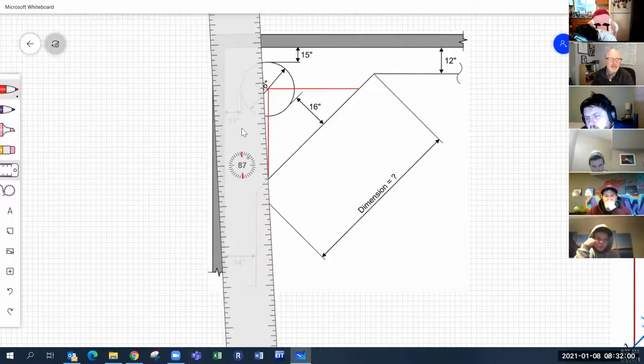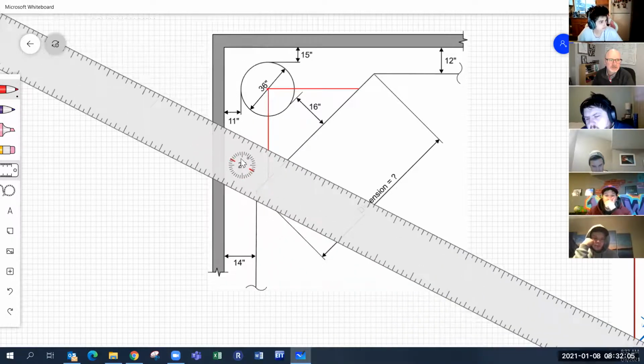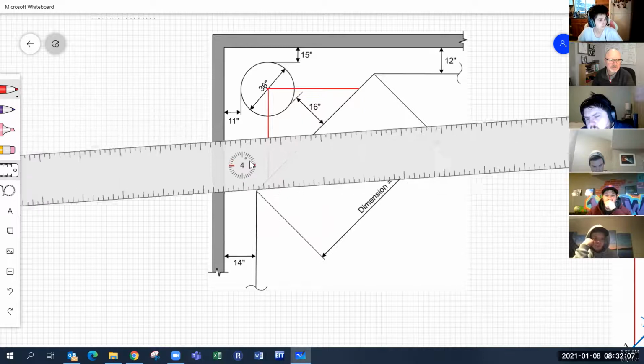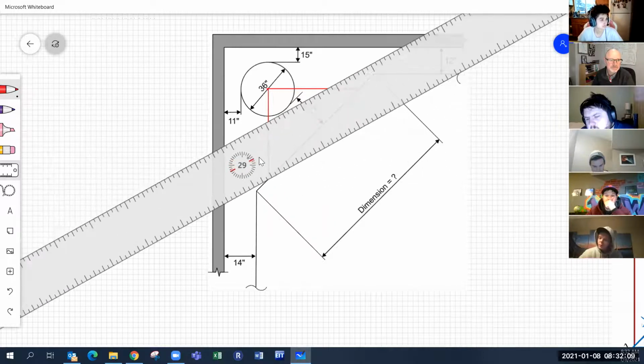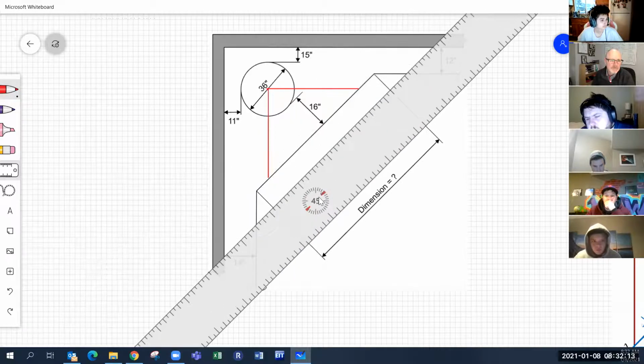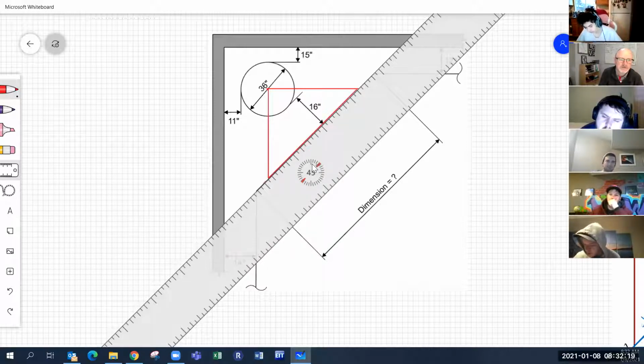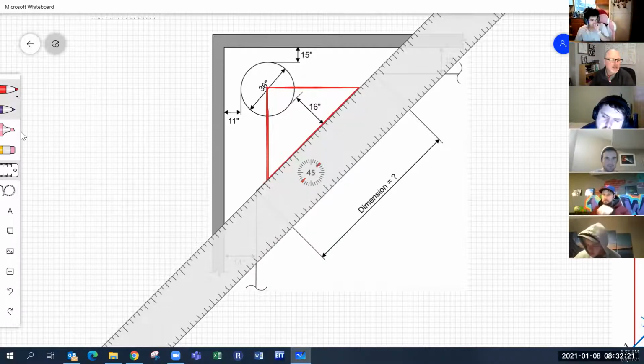There. And now I'm going to draw one straight across to get my triangle. And there are my two 45-degree right angle triangles.